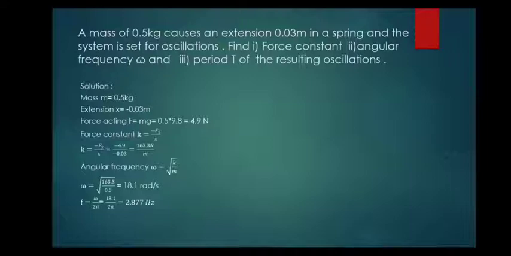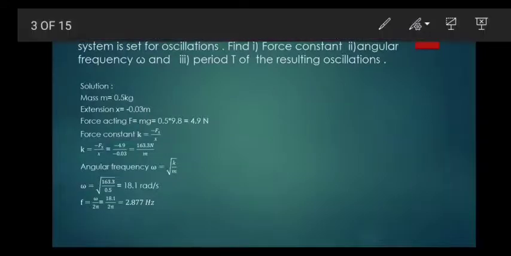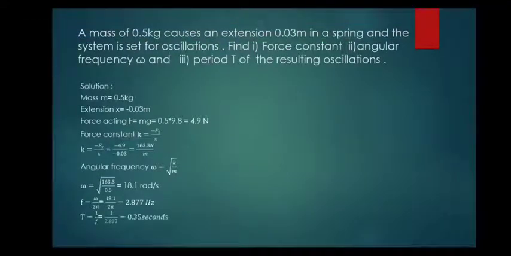So omega is already calculated, 18.1 radian per second divided by 2π, you will get the natural frequency. T = 1/f, time period is 1 divided by 2.877, which is equal to 0.35 seconds.